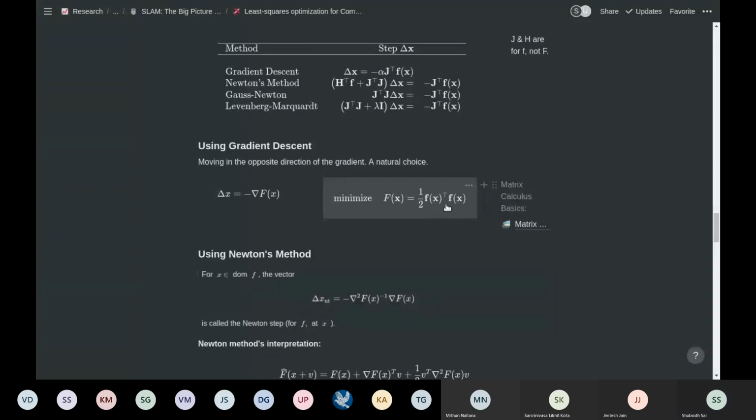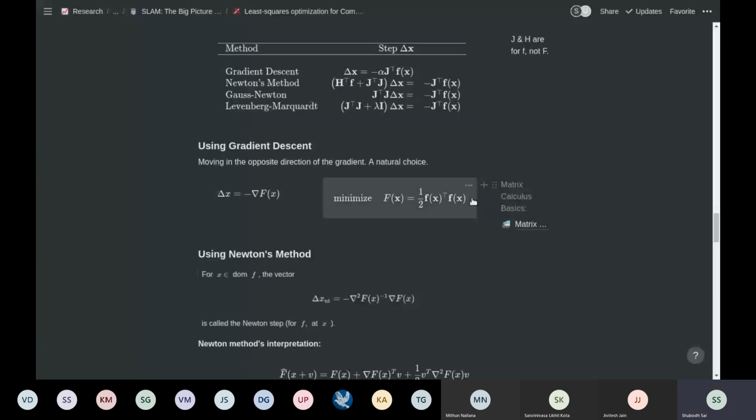F of x, the gradient of that is Jacobian. Gradient of f is Jacobian into f plus f into Jacobian. Now both of them are one and the same, like a into b plus b into a. So you'll end up with 2. That's why the half gets cancelled, and you'll end up with whatever you see in this equation.